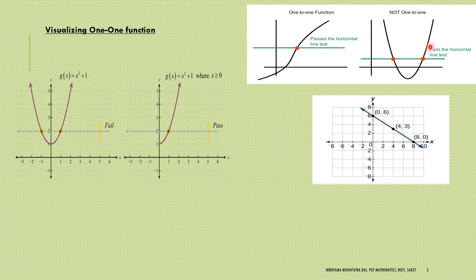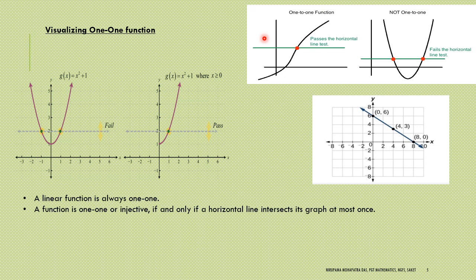This is called the horizontal line test. In this case the horizontal line test passes, here it fails, and here it passes. Basically this is the trick by which you can identify it.